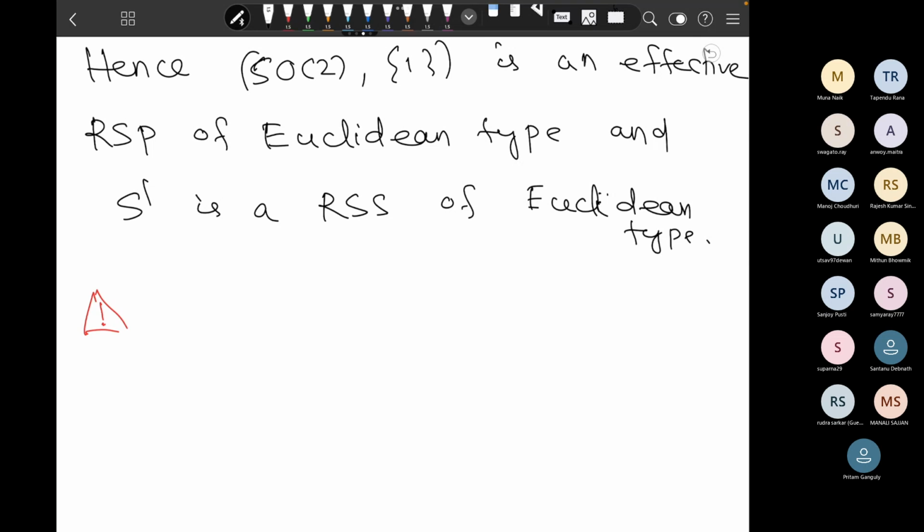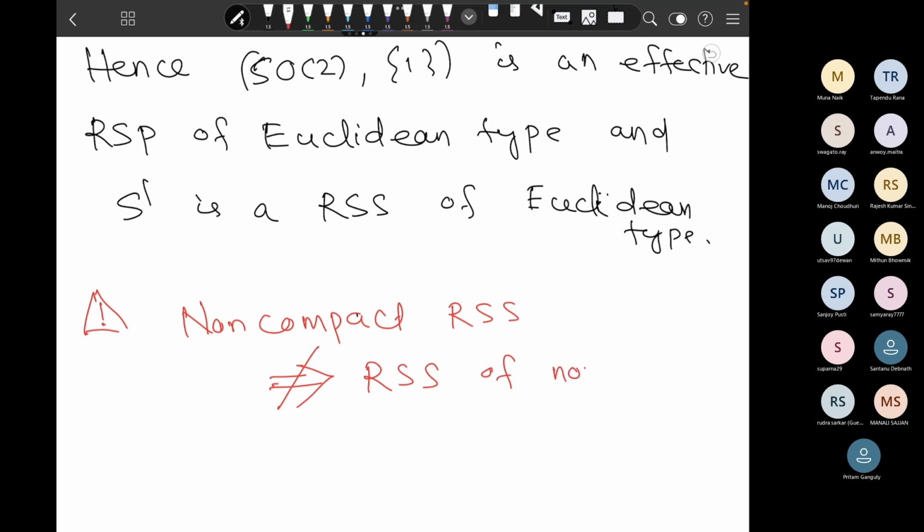So let us write in the grade. Non-compact Riemannian symmetric space. For example, R^n is a non-compact Riemannian symmetric space. That doesn't really mean that it is an RSS of non-compact type. These are two different terms: non-compact Riemannian symmetric space and Riemannian symmetric space of non-compact type.